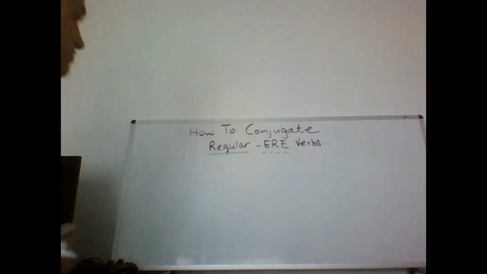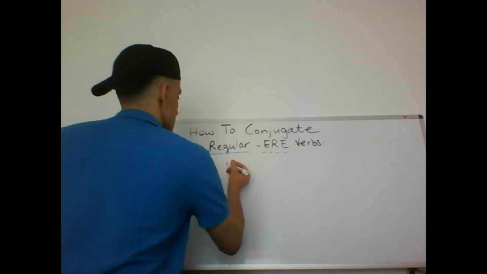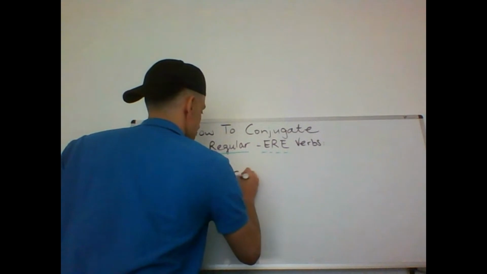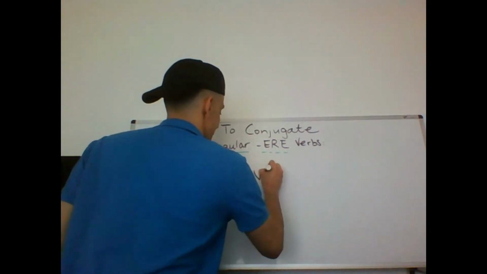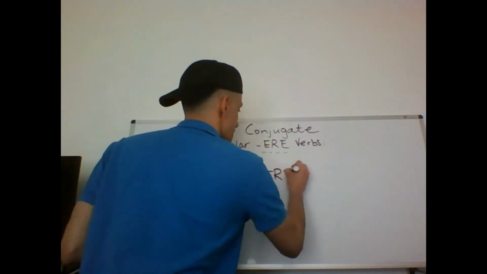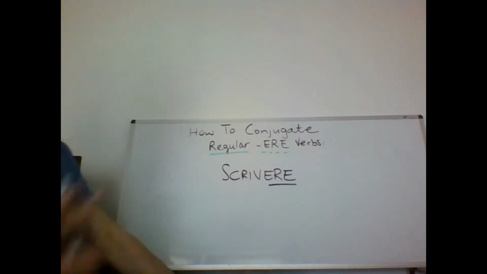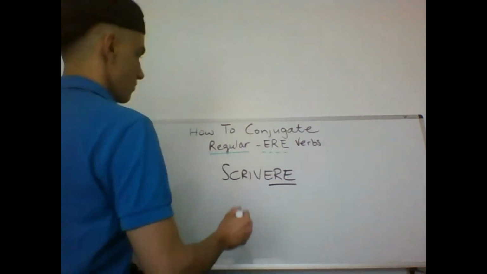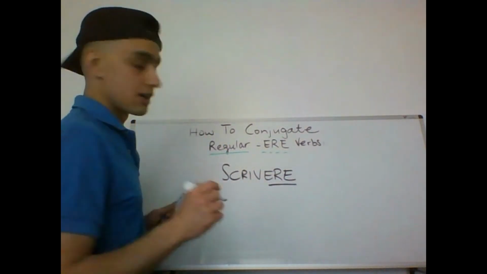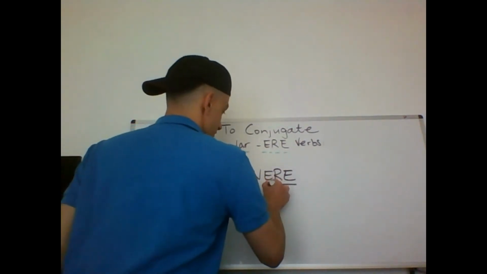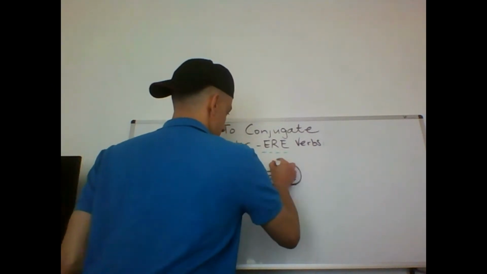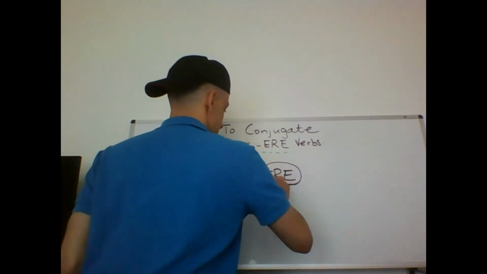I'll use black marker so it stands out. So we have the regular unconjugated verb right now. This is unconjugated, meaning we didn't do anything to it. For each one, we're gonna get rid of this.